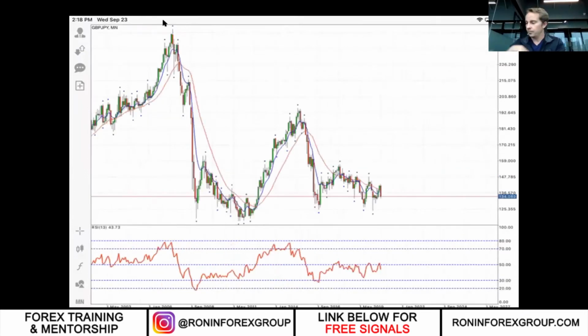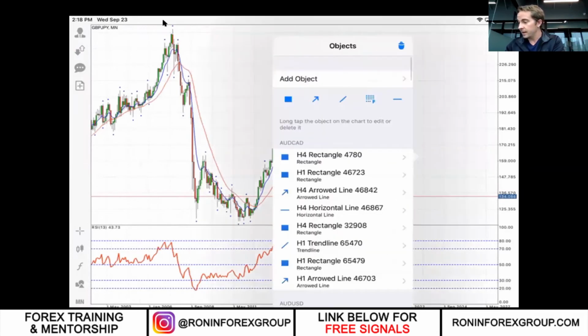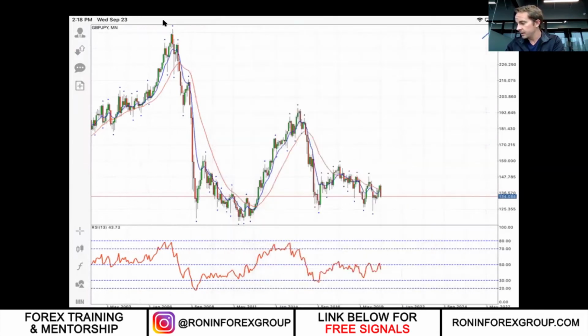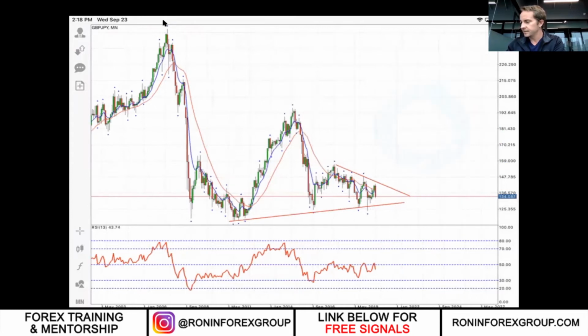It looks like we're in quite the consolidation phase right now. I do think long-term we'll see a move higher in the pound, like overall pound strength. But this is exactly how I do it.